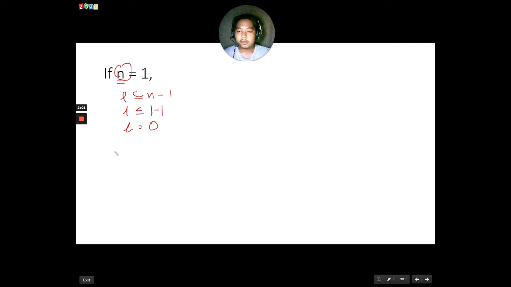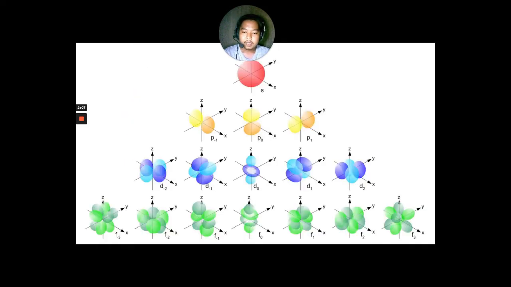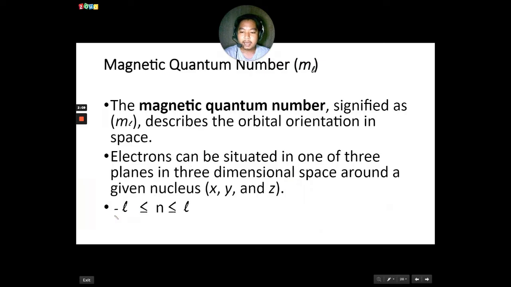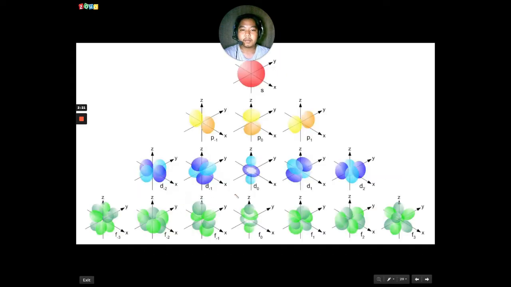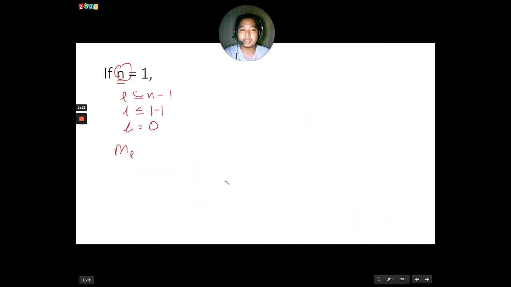And then, to get the ML, let's go back to the formula quickly. The formula for ML is negative L to positive L, meaning ML is greater than or equal to negative L, but less than or equal to positive L. So what do we mean by that?